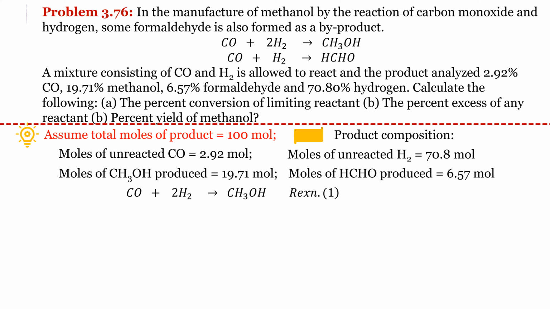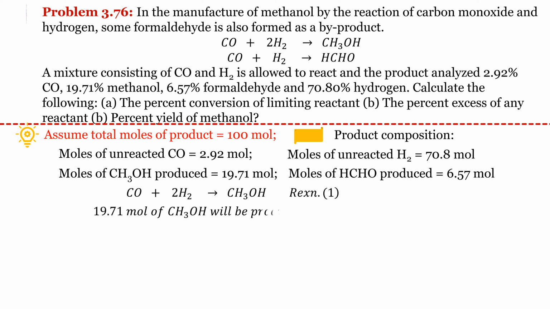Now we can write the desired chemical reaction, and from this reaction we can say that for producing 1 mole of CH3OH, 1 mole of CO will be required and 2 moles of H2 will be required. The available amount of CH3OH present in the product is 19.71 moles.